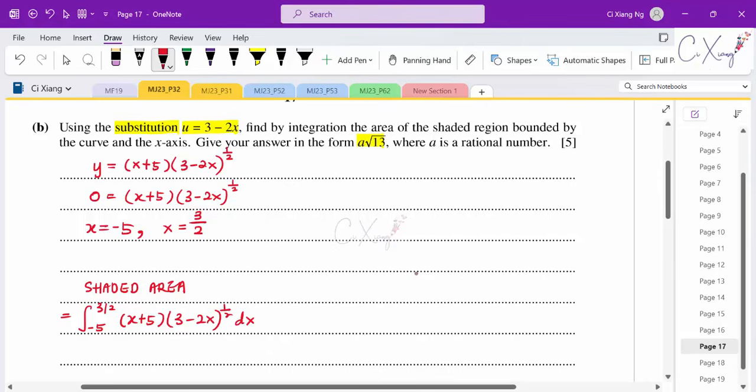Again, because this is not an equation that we can integrate directly, as it looks a little bit complicated, they already suggest a method to integrate it, which is substitution. So now to continue with the substitution integration, I will write my solution here. I will start from u equals to 3 minus 2x first.